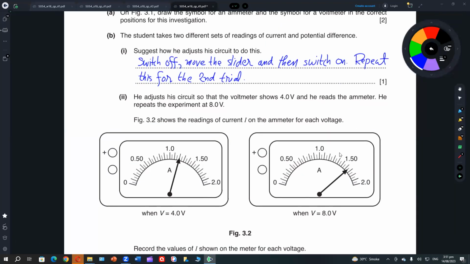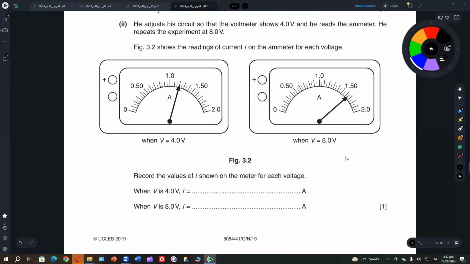He adjusts his circuit so that the voltmeter shows 4 volt and he reads the ammeter. He repeats the experiment at 8 volt. So two readings are there. So it is 1 point. It looks to be 1.2.